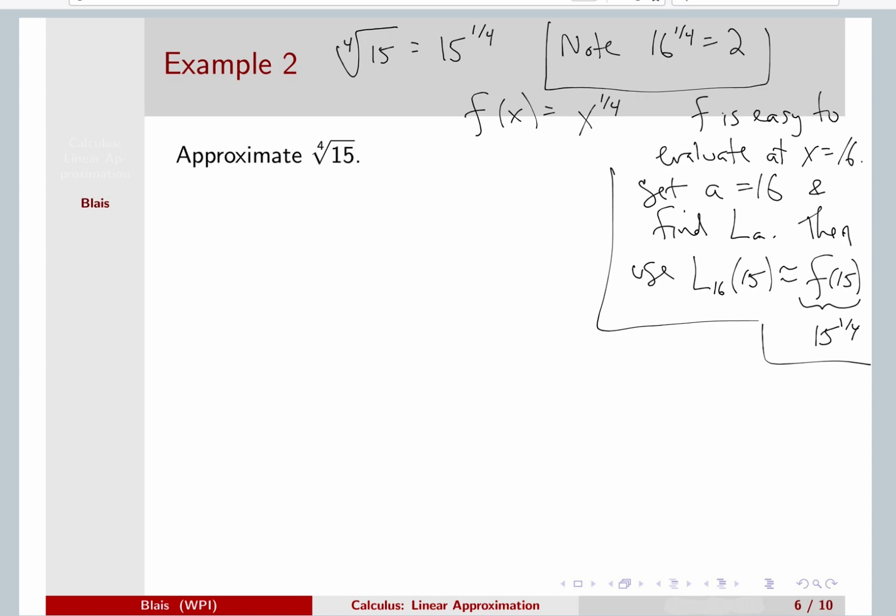So our linear approximation, in our notation, what we would call L16, would be f of 16 plus f prime of 16 times quantity x minus 16. Again, this is just using the definition of linear approximation.